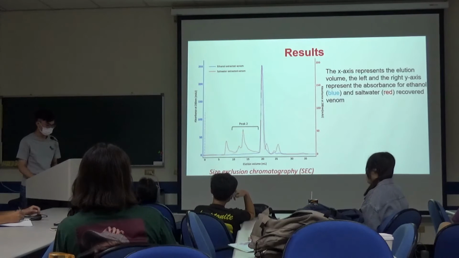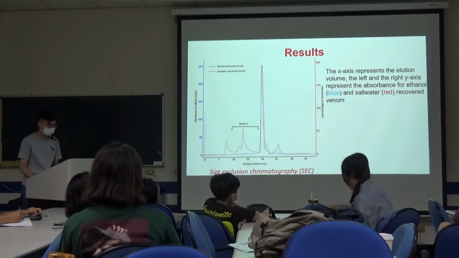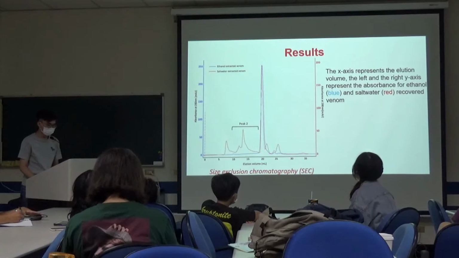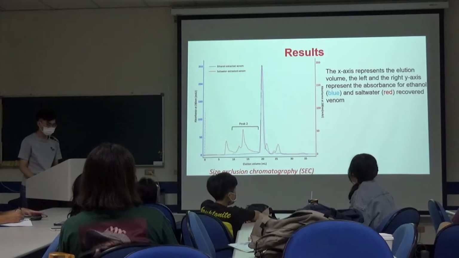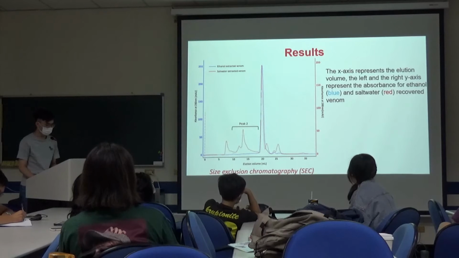This is the result. The X represents the solution, while the left and the right, the Y axis represents the absorbed alcohol and salt water. We recover the venom. So NaNO is blue, and salt water is blue.